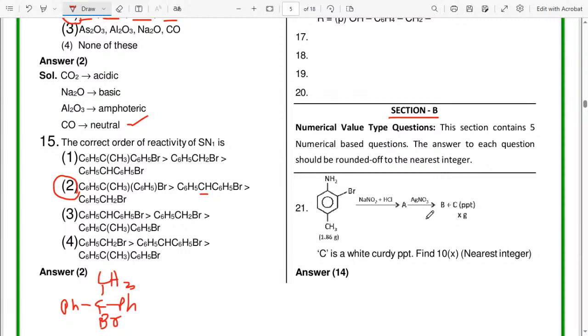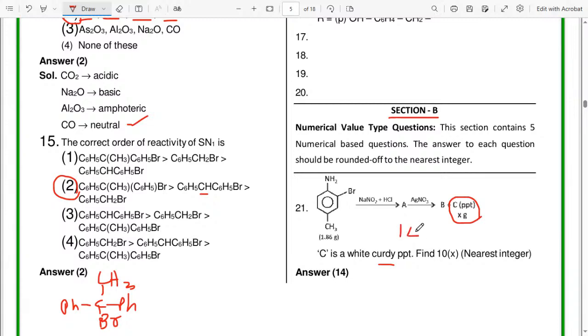Then when you add silver nitrate, this diazonium chloride reacts with silver to give silver chloride. So what is the silver chloride precipitate? How many moles are you going to get? Yes, C is a white curdy precipitate, silver chloride. Find 10x nearest integer. So it is going to be 14.